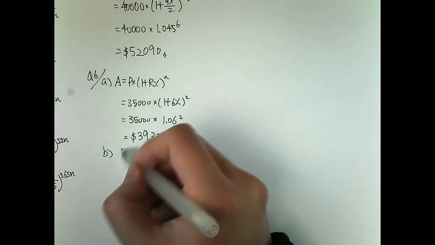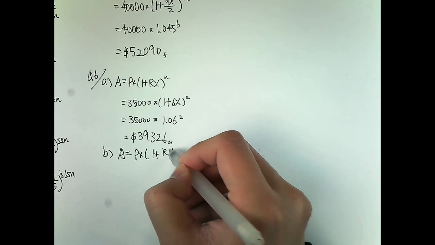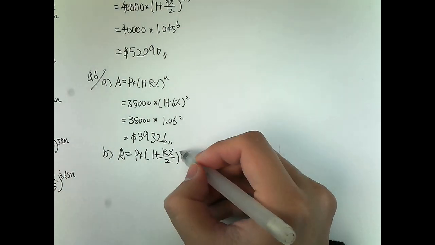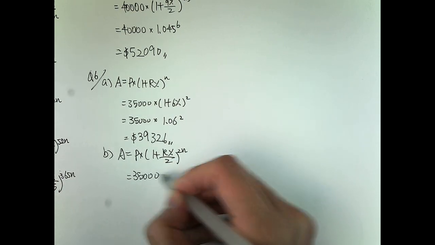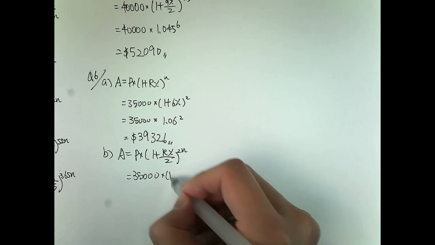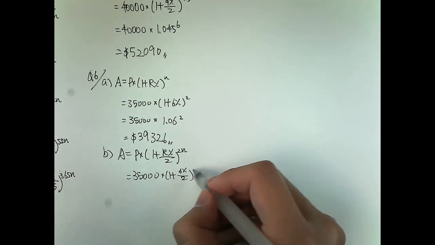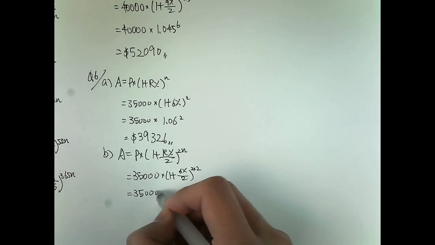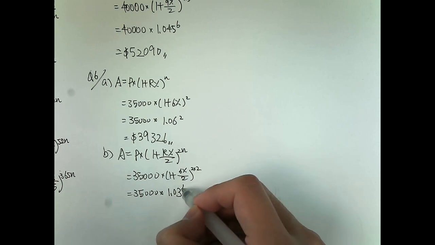And then go to B. Half yearly, in your mind, you have to know it should be divided by 2, right? And then above here is 2n, and then plug in 35,000 times 1 plus 6% divided by 2. 2n here is 2 times 2. So 35,000 times 1.03 to the power 4.